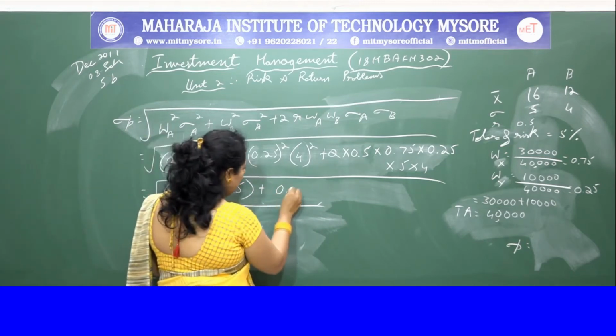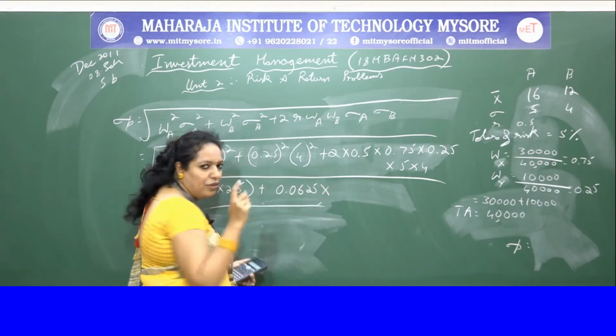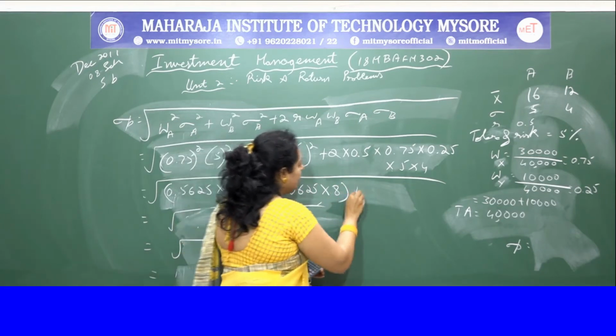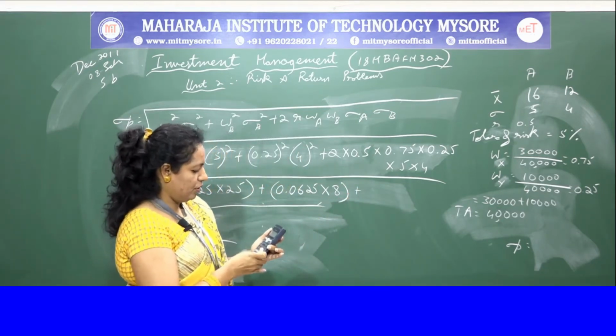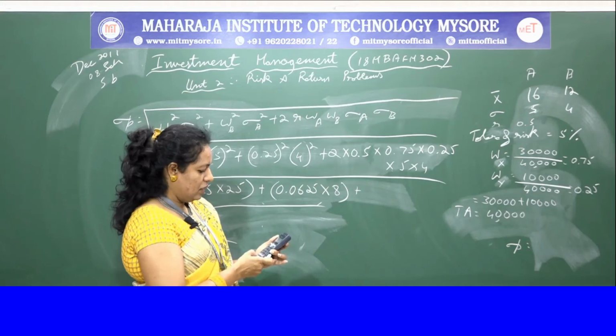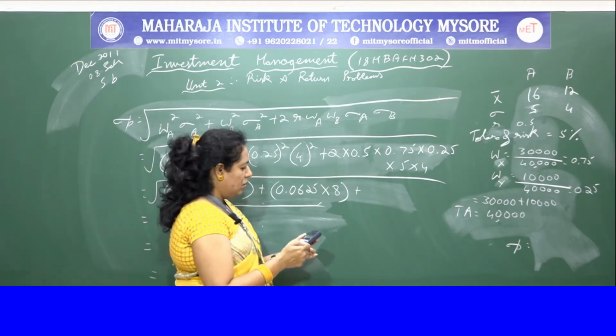We get 0.0625 into 4 4s are 8 (that is, 4 squared is 16, so 0.0625 into 16). We'll write here plus we'll add on 2 into 0.5 into 0.75 into 0.25 into 5 into 4. Okay, we get 3.75.